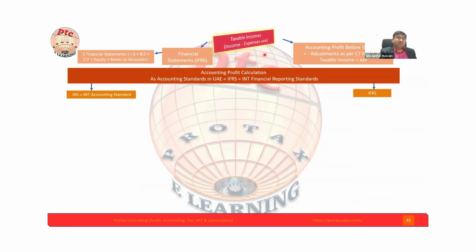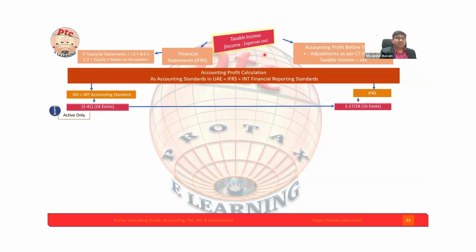IAS, the accounting standard previously used commonly, is now being converted to IFRS. Practically both are the same, but we can say the IFRS is the latest version. All the previous IAS will be converted to IFRS. As of now, there is a difference.